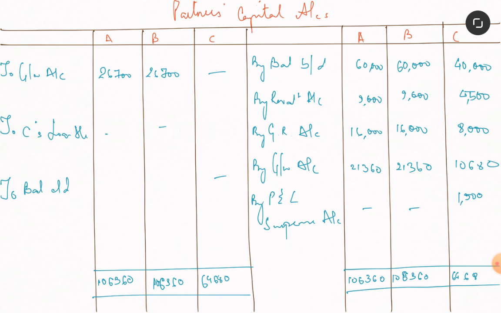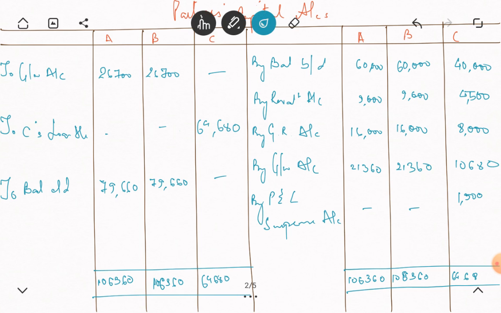In case of A, 1,63,060 rupees, 1,06,360 rupees, and the balance will come to rupees 79,660. In case of B also, same amount, goodwill amount also is the same, so balancing figure is rupees 79,660, both for A and B. And in case of C, to his loan account, the balancing figure is rupees 64,680 itself. Alright, so this is our partner's capital account.